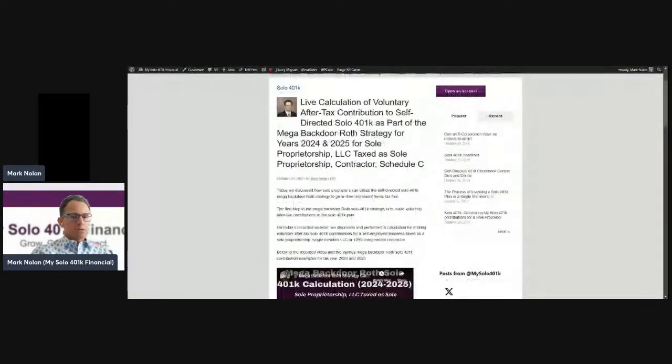So again, we're going to do a live calculation here of how to maximize voluntary after-tax solo 401k contributions so that you can then convert those over to the Roth solo 401k or even to a Roth IRA. And we're going to hone in on a Schedule C, which is the tax return filed for an independent contractor, a sole proprietorship, or an LLC taxed as a sole proprietorship.